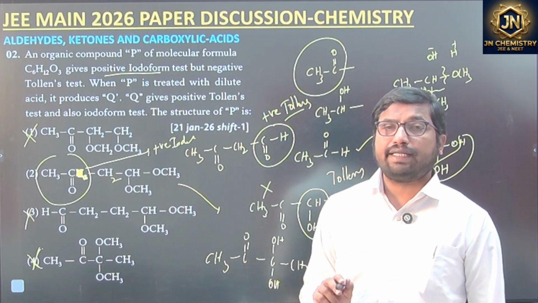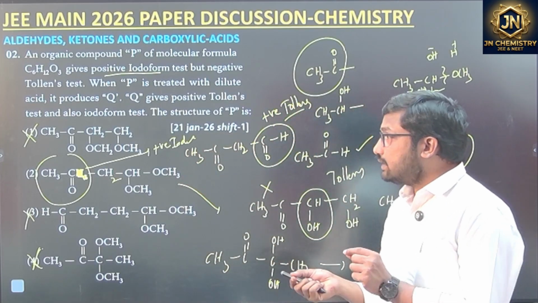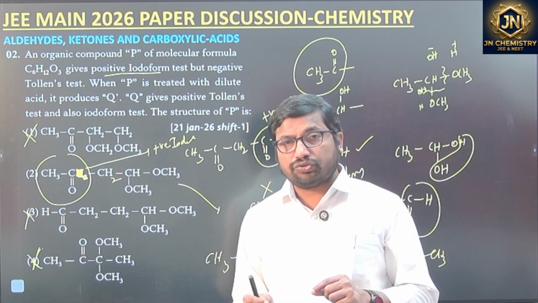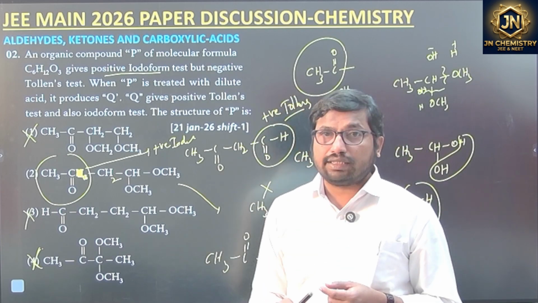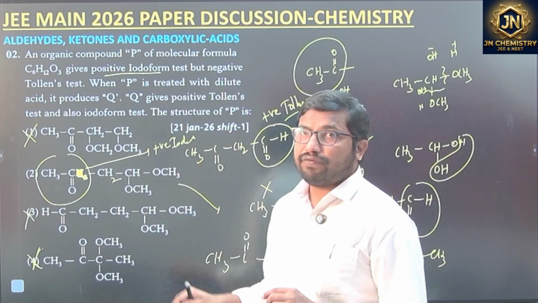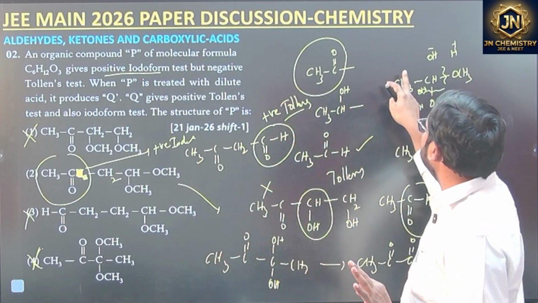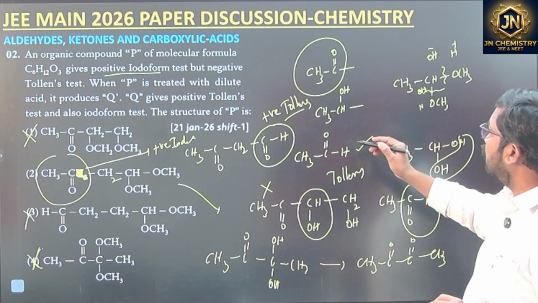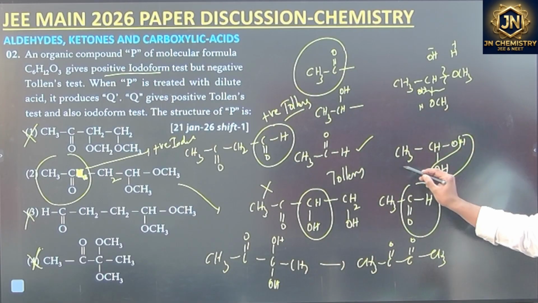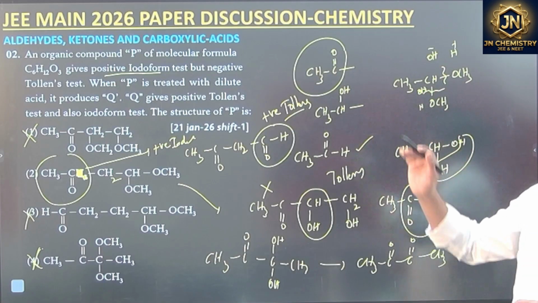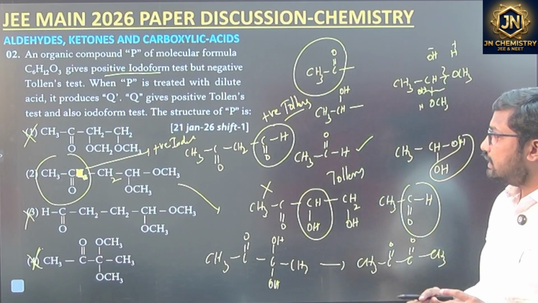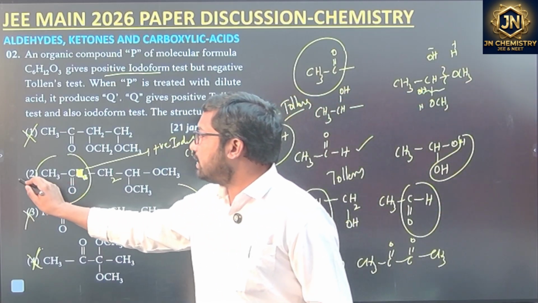One of the important reactions and combinations. Here they are asking aldehydes and ketones in the iodoform test and Tollens test, along with hydrolysis of ethers also. Whenever we are doing the hydrolysis of ethers, we should know this process: whenever OCH3 is given, OH we need to add. Okay, the second one is the answer.